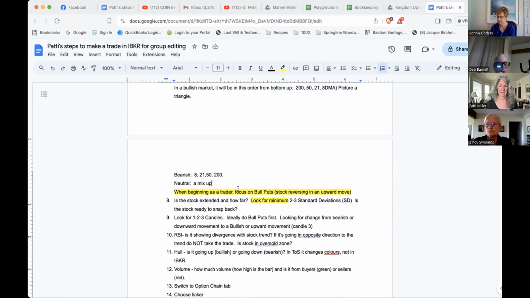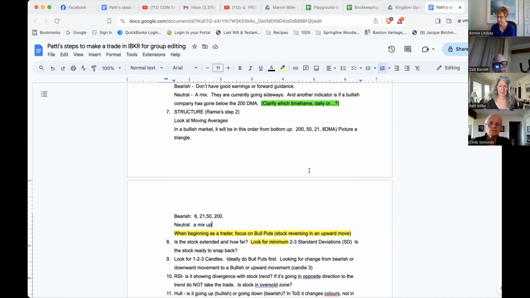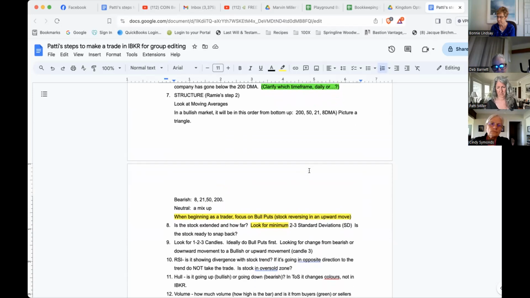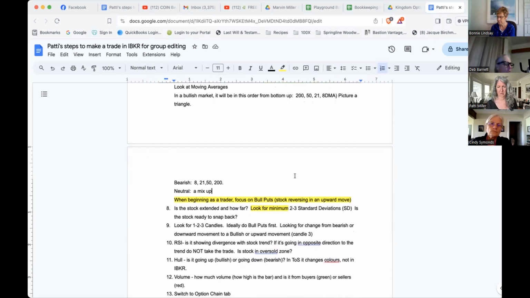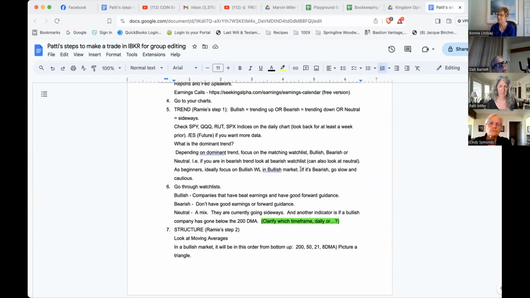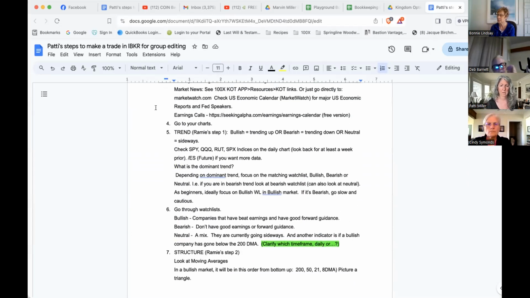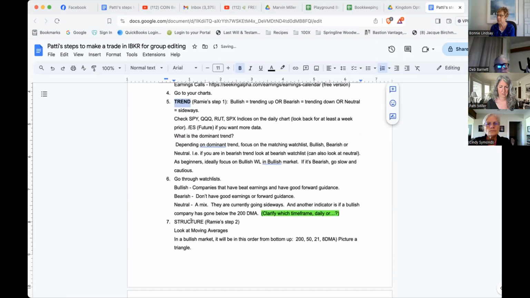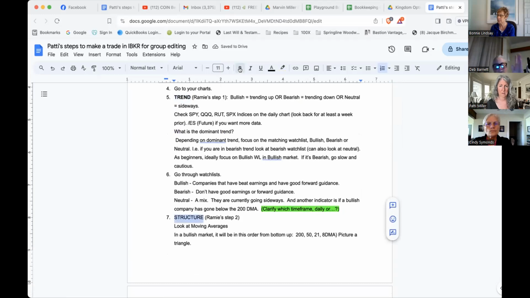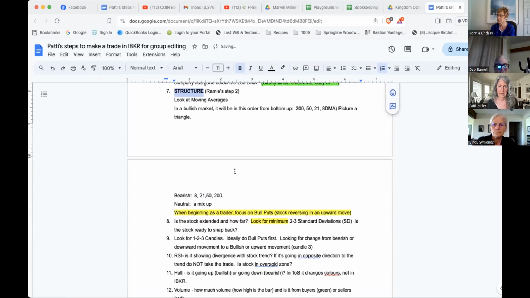Structure is bullish, right? Structure, yes. And then there's a third thing, right? Volume. Okay, so that's what I was missing. I knew I was missing something.